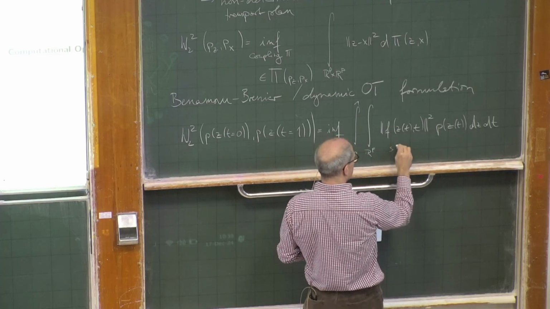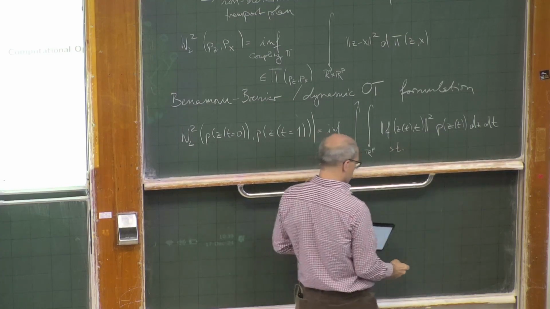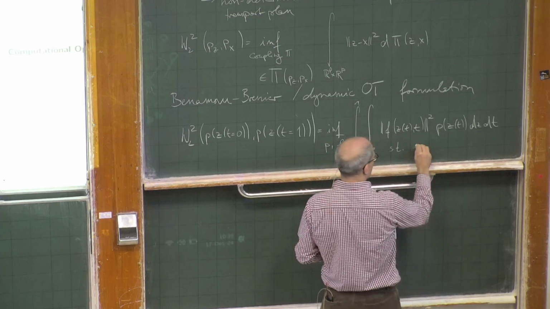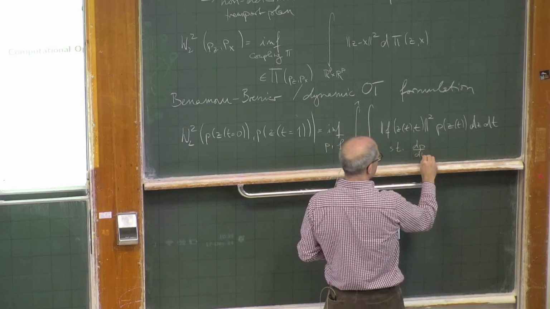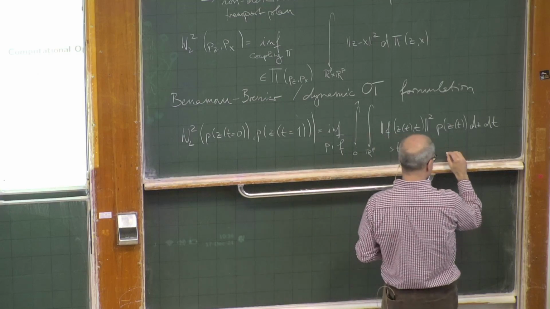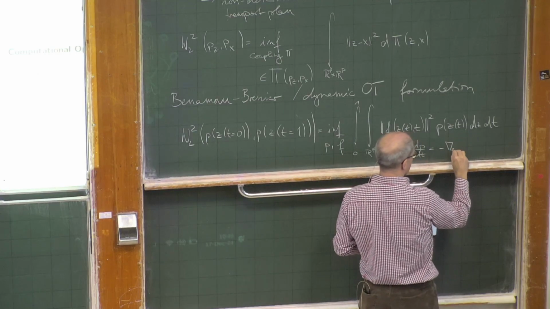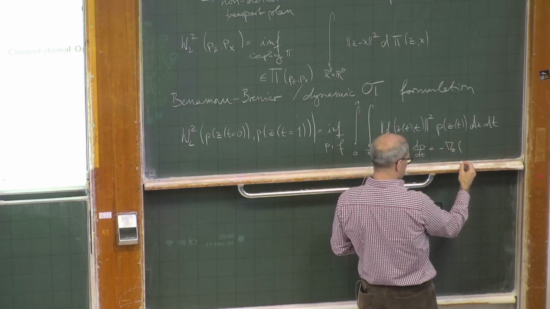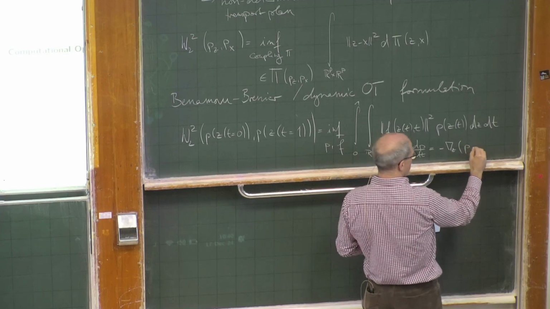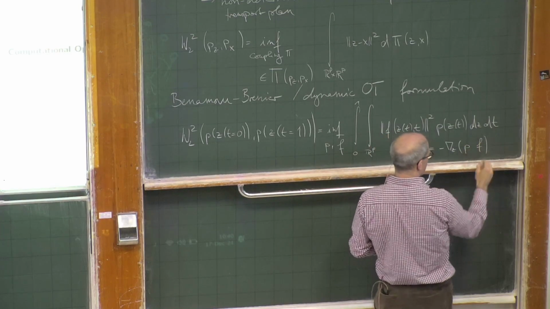So I need to enforce the continuity equation. I need to say such that dp by dt is minus the divergence here of p times f.